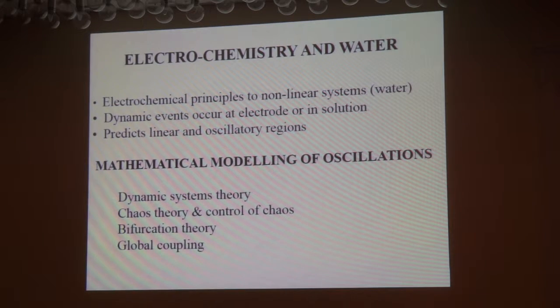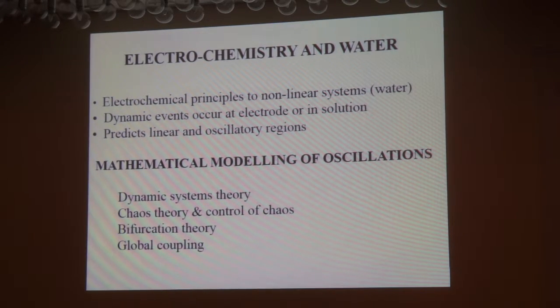Okay, so now let's talk about the method that I developed, resonance frequency spectroscopy, which involves electrochemistry of water. Electrochemistry as applied to nonlinear systems like water is well studied by the scientific community, and there are a lot of mathematical theories to describe the anomalous behavior which occurs in the oscillatory regions.